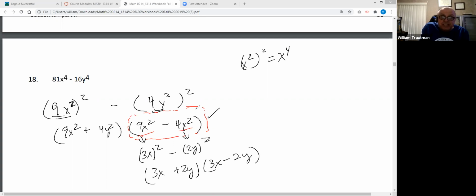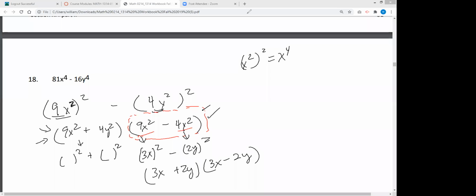We started with this, and we factored it again. Can somebody tell me why I cannot do this one? Why am I not allowed to do this one right here? I did the one with the red box. Why can't I do the other one? It has a plus sign.